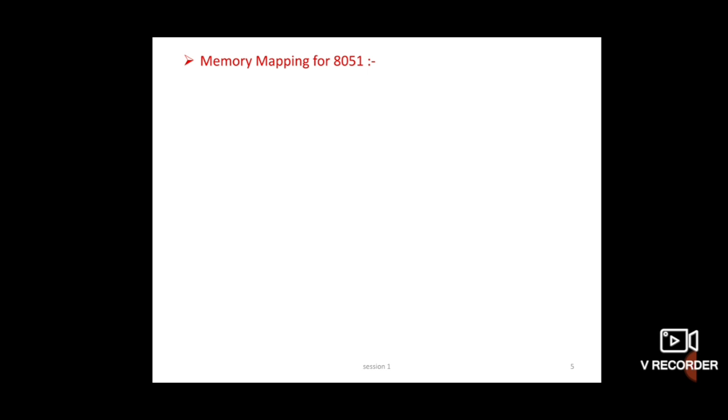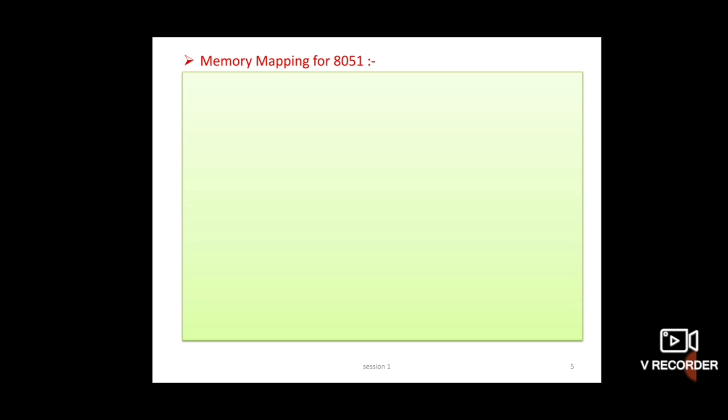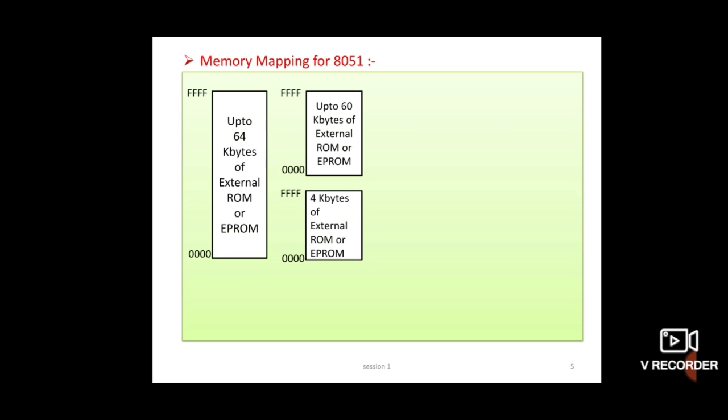Next is memory mapping for 8051. Now see the diagram. This is the memory mapping diagram of the 8051 microcontroller. The 8051 addresses two separate memory spaces.